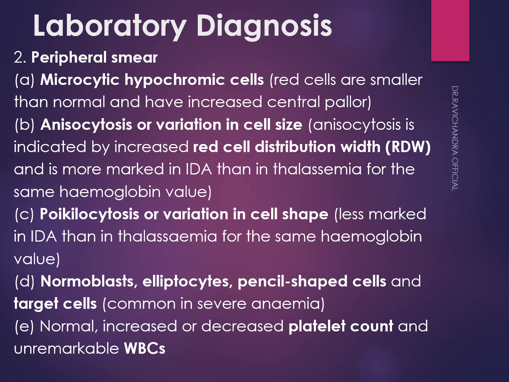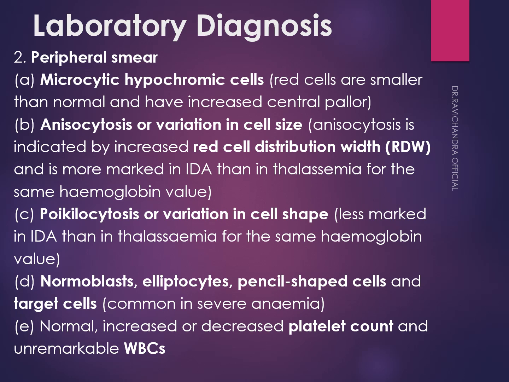There will be poikilocytosis, and it is less marked in iron deficiency anemia than in thalassemia for the same hemoglobin values. So RDW is more marked in IDA, but poikilocytosis is less marked in IDA.